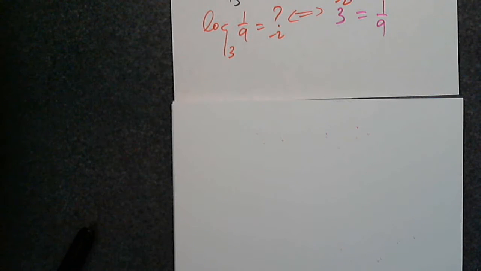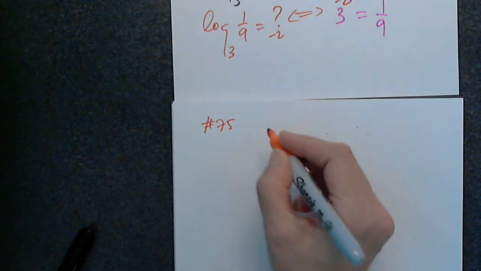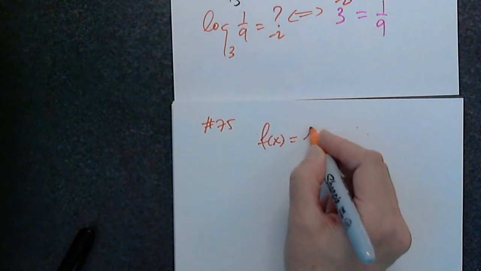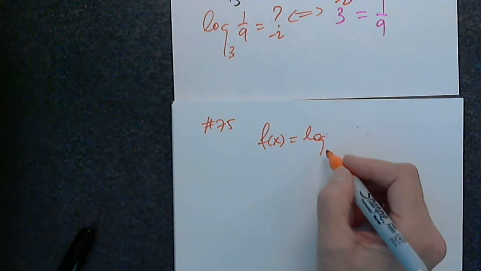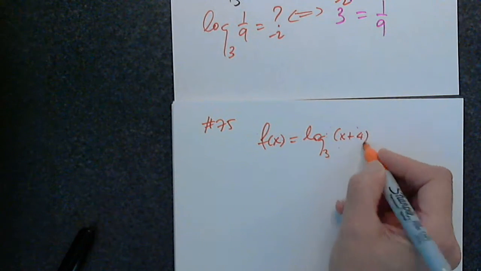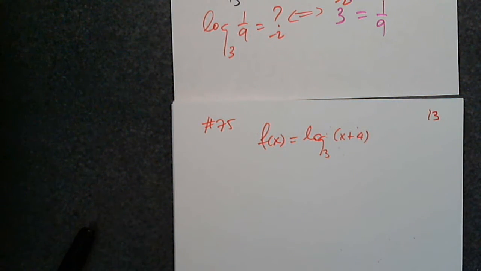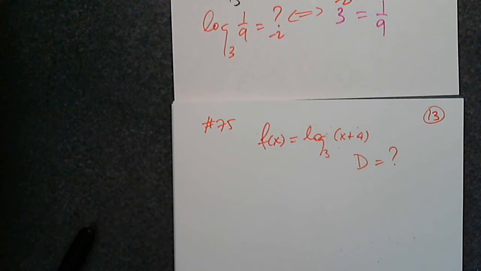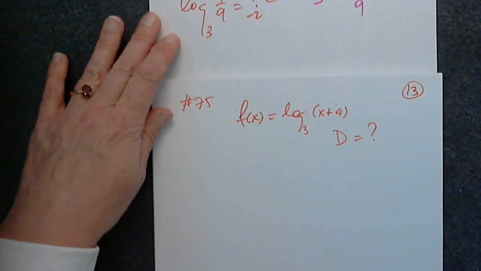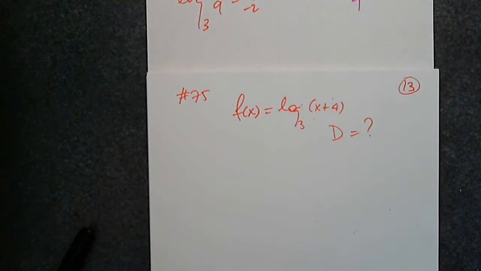I just want to write one domain. So, number 75, and I'll stop after this. We have f of x equals log base 3 of x plus 4. We are only asked to find the domain of this function. Like with the other functions from before, like the square root, we have to write something and solve it.